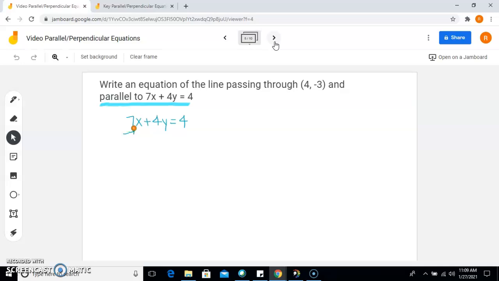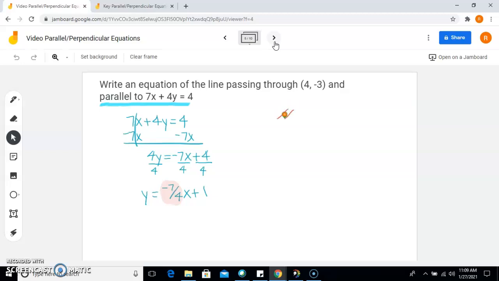First, I'm going to subtract 7x from both sides, and that will give me 4y equals -7x plus 4. Then I'm going to divide everything by 4, and I have y equals -7 over 4x plus 1. So I can look at my equation and see my original slope is -7 over 4.